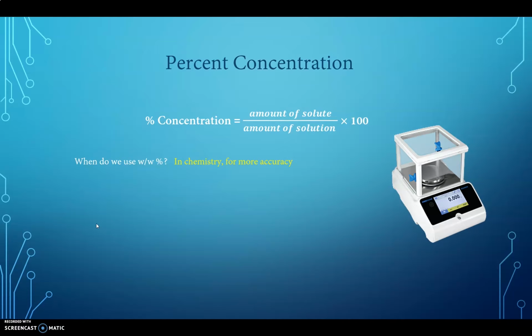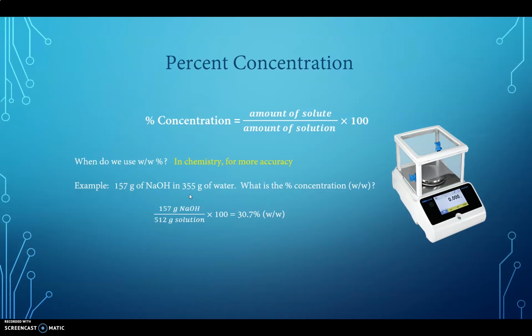So if I wanted to calculate, say, the weight percent of a sodium hydroxide solution, if I had 157 grams of sodium hydroxide and I dissolved that into 355 grams of water, I could calculate the weight percent. In the numerator would be the grams of sodium hydroxide, and the denominator would be the grams of the solution.